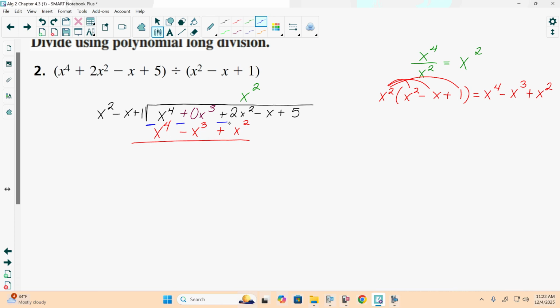x to the 4th minus x to the 4th will be 0. Our 0x cubed minus negative x cubed, our negative and negative make a positive. So we have 0x cubed plus x cubed, telling us that we have 1x cubed. 2x squared minus x squared, 2 minus 1, there's 1x squared, or just x squared.